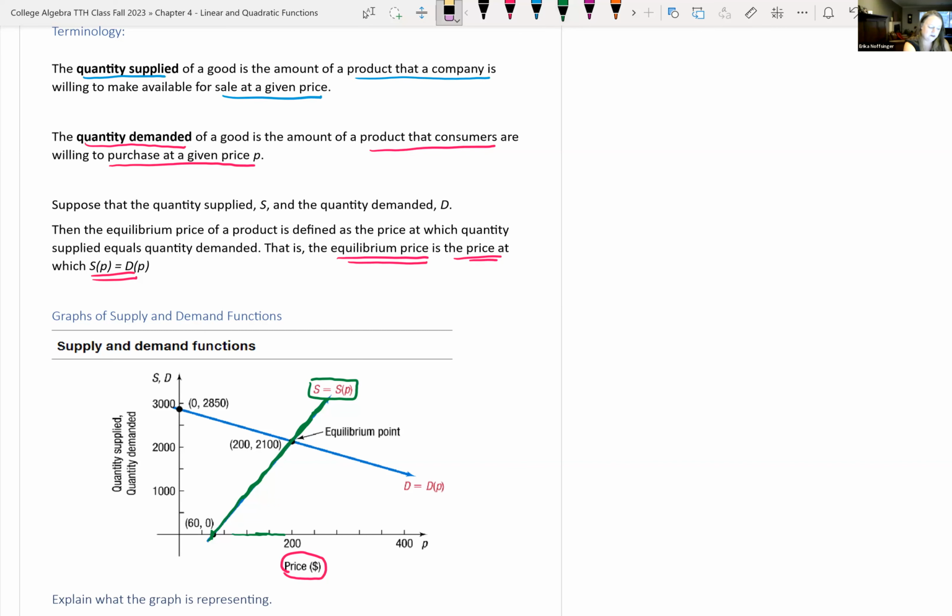If we look at the other line, our demand function, if the price was $0, the demand here would be 2,850. But notice as the price increases, the demand for that product goes down.